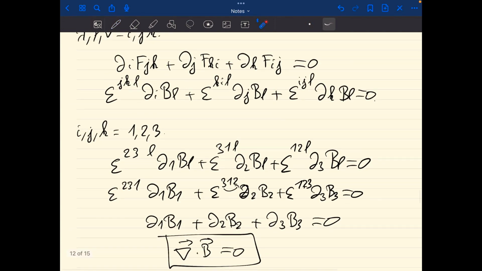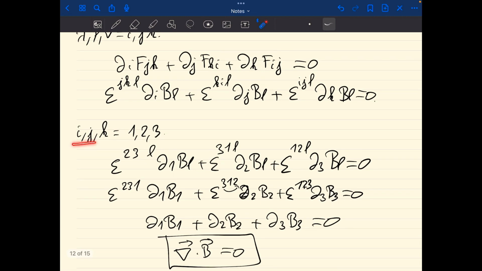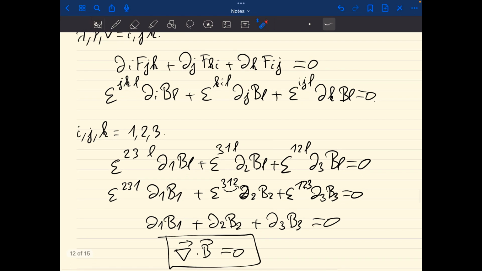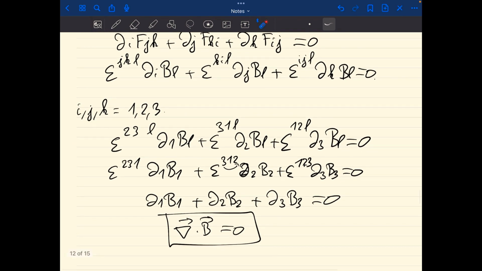Now in a case where, let's say, i and j have the same value, you see from this equation that this term will be equal to 0, and you can check that these two terms actually cancel each other. So the only non-trivial information we get is when i, j, k have different values, and that's the equation we have.